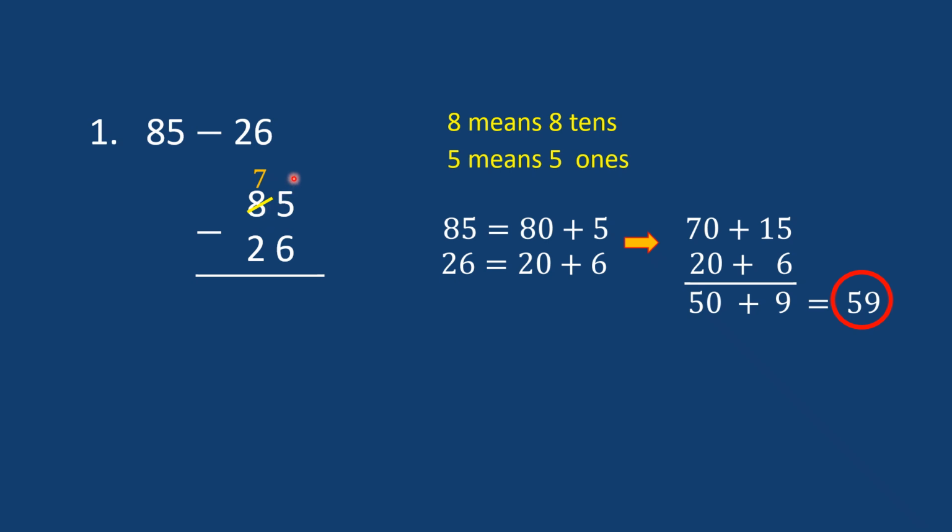So these 10 ones are added to 5. 5 becomes 15 because 10 plus 5 is 15. We can now subtract. 15 minus 6 is equal to 9 and 7 minus 2 is equal to 5. So the answer is 59.